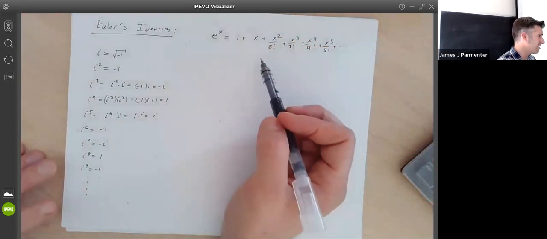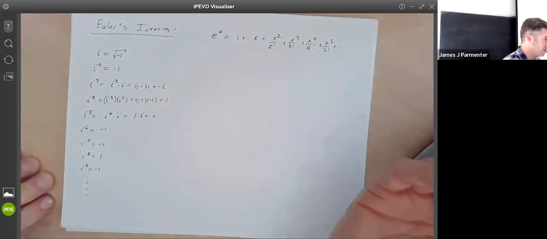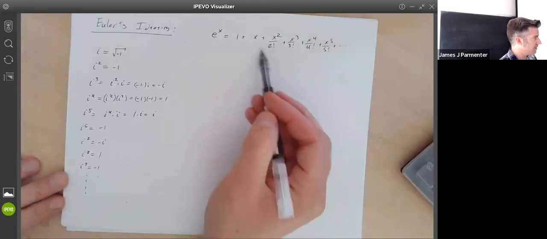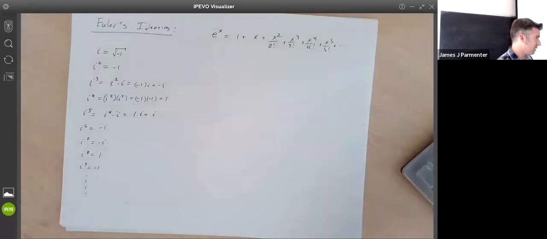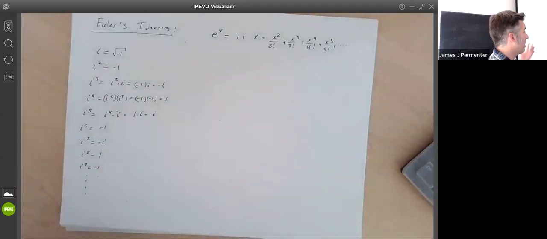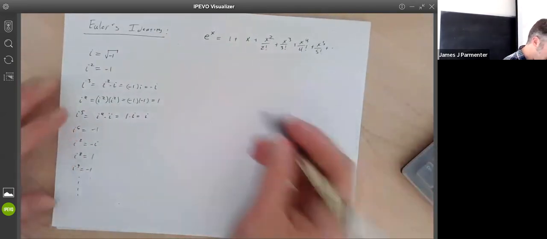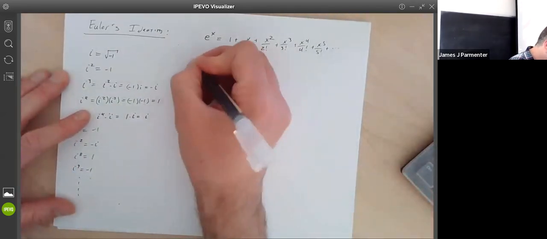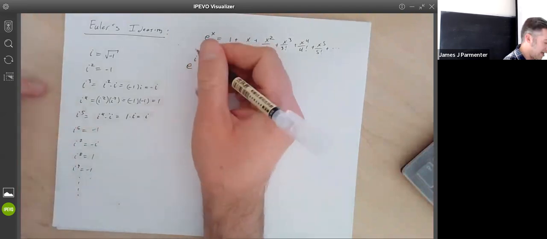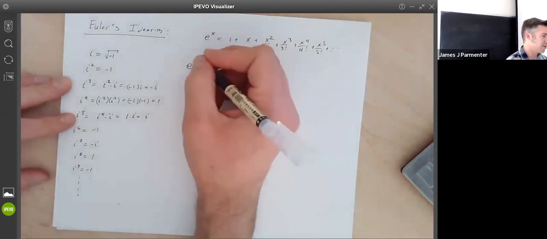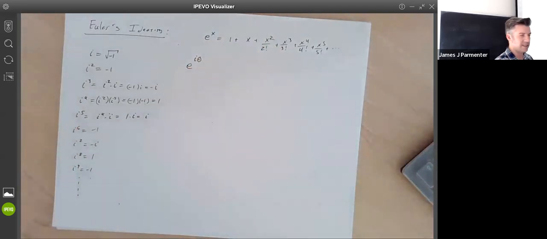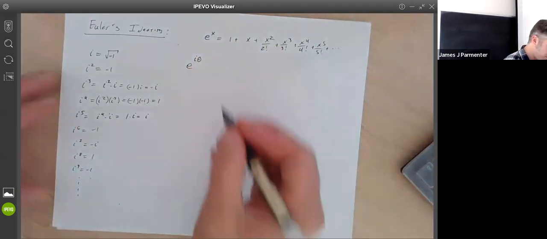I write 2 because I'm lazy, because 2 factorial is 2. So don't ever think there shouldn't be a factorial there. If I don't write it, it's equal to 2. And then we're going to replace x with i times theta, because we're going to have trig functions come up, so it's nice to use an angle name instead of something else.